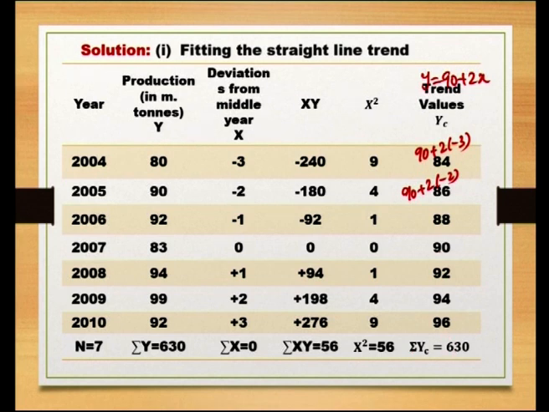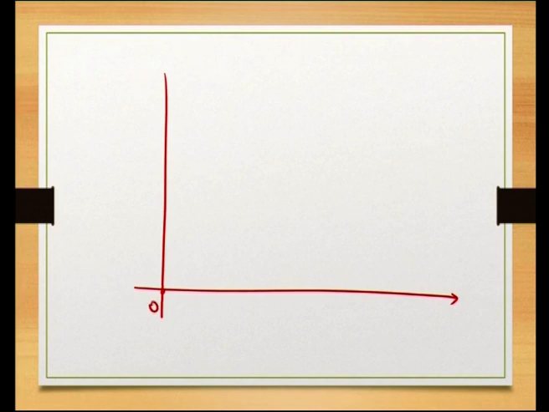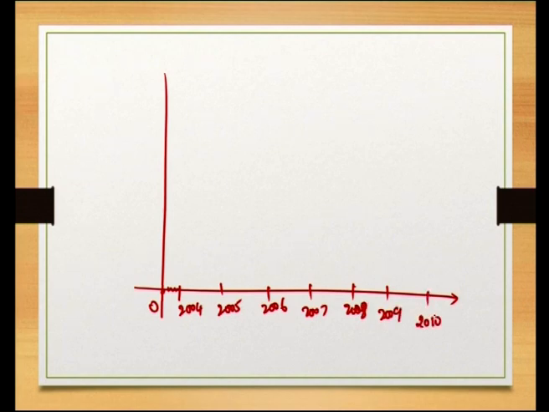Next, we are also asked to plot these figures and fit the trend line, show the trend line. We have to draw the graph, plot the years 2004, and the values in between.